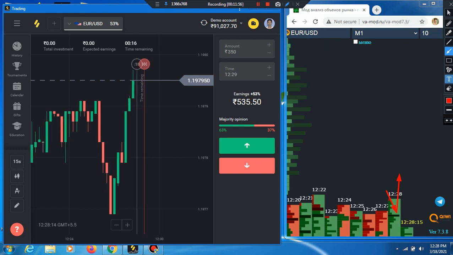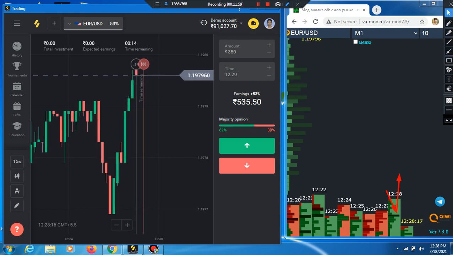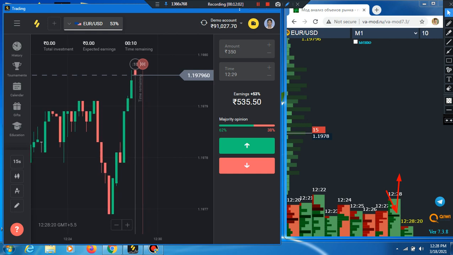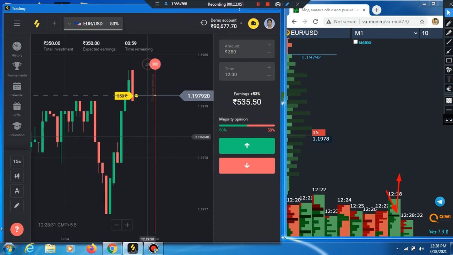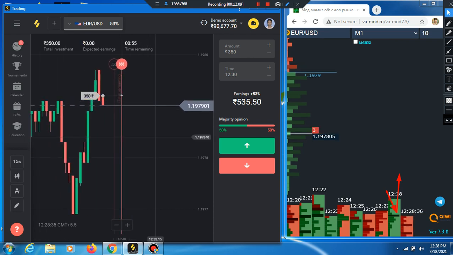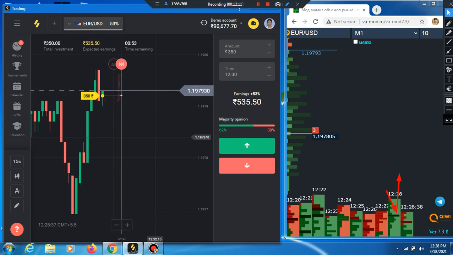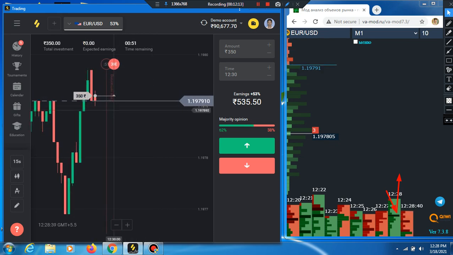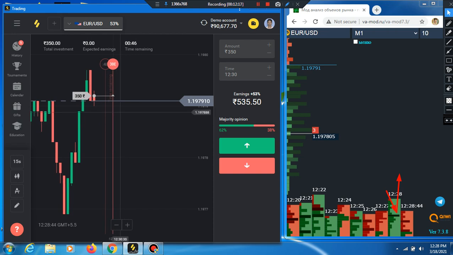Okay, I will show you. I'm waiting for it like this. Look here, always like this. This market will go like this in this cluster. I'm waiting for the right opportunity from this level.